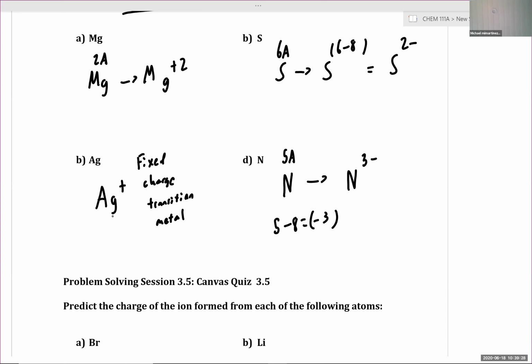This first chapter is just laying out how to predict the charge of ions. The reason we need that information is because we're going to take these ion charges, put them together, and use them to predict the formulas of compounds. We're going to use these ion charges also to begin to name compounds.